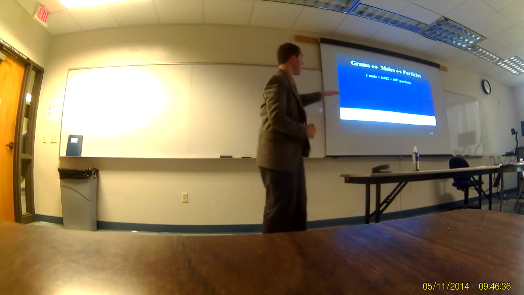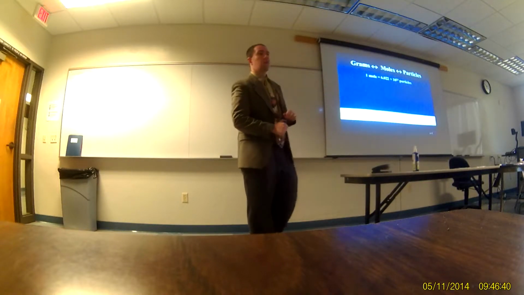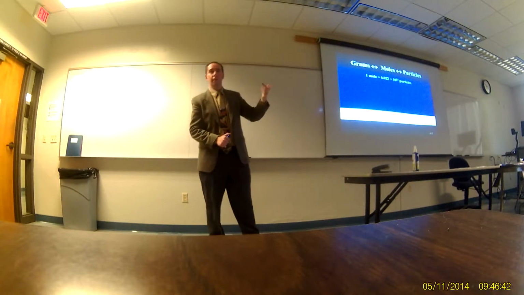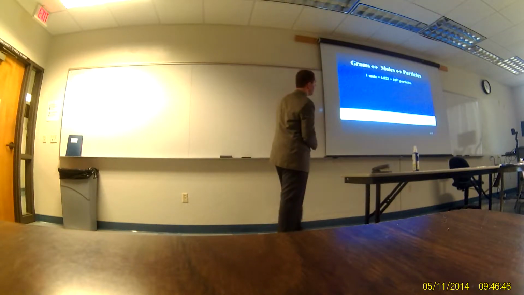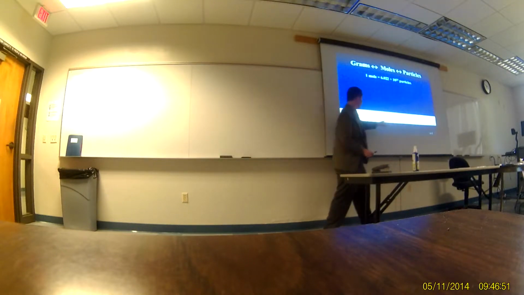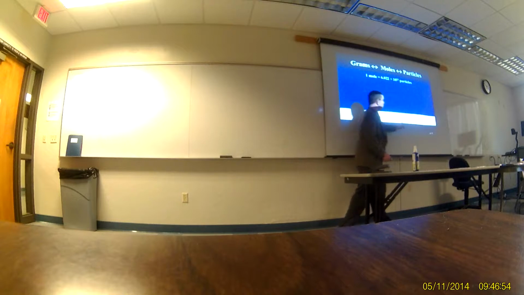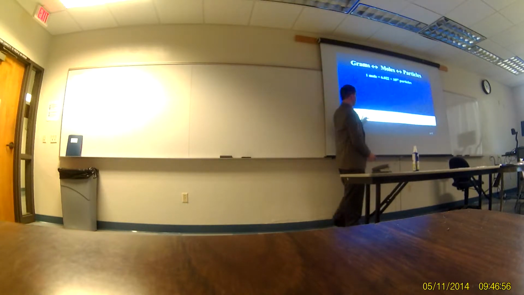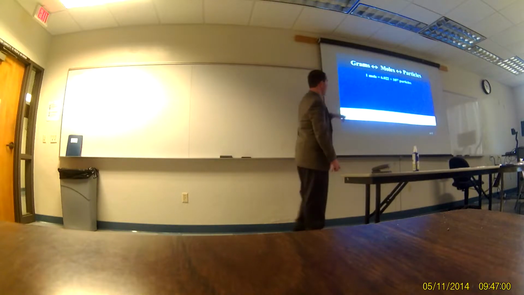We can put 1 mole on top and 6.022 times 10 to the 23rd on the bottom, or we can flip it, put 1 mole on the bottom, 6.022 times 10 to the 23rd on the top. This is kind of a flow chart for conversions, and it tells you what your conversion factor is, so you can go from any of these to anything else on that.